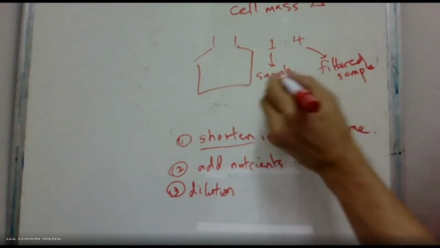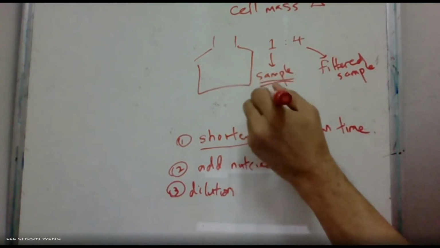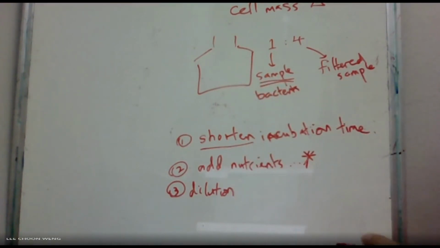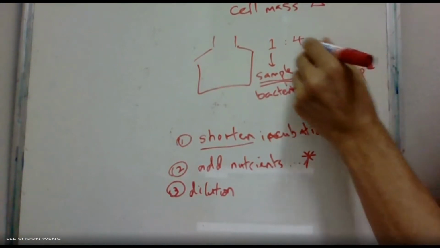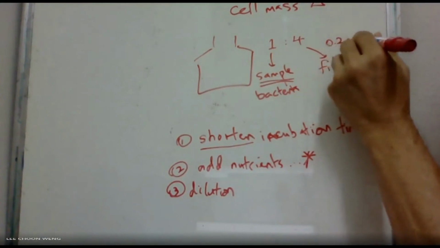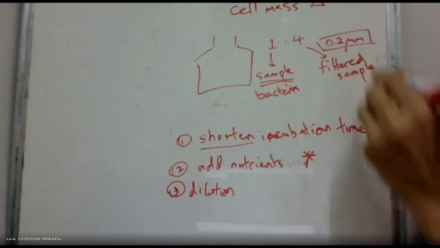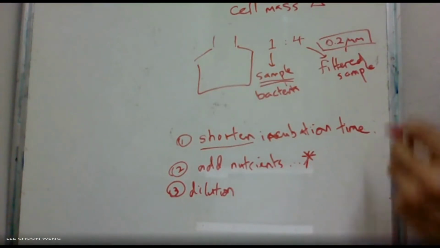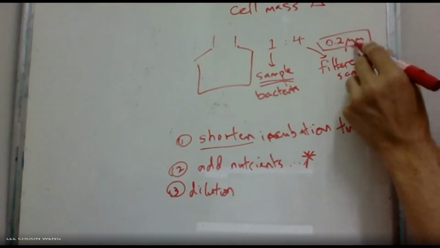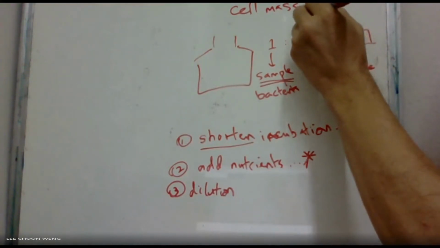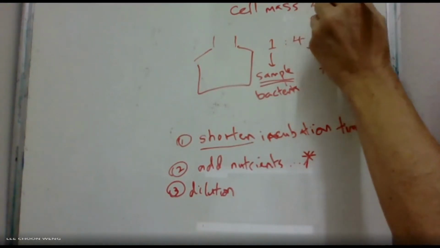So your 1 portion of sample has your bacteria minus the protozoa. Here, 4 portions of water where you filter through 0.2 micron. Okay. So the 0.2 micron filter removes all organisms except viruses.